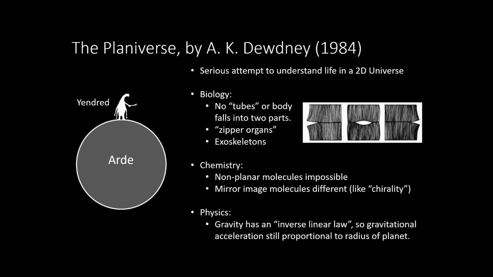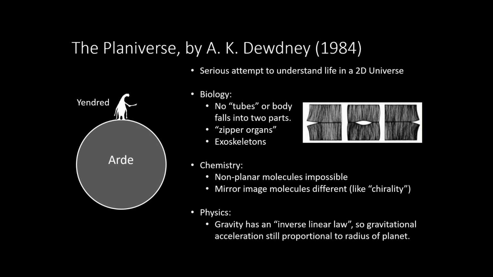Well, remember earlier we had mentioned that, if you have a planet of a constant density and you scale it up or down in radius, the gravitational pull on the surface of that planet is proportional to the radius. So in a two-dimensional world, if we kept the inverse square law of gravity, that wouldn't be true anymore, because the mass of the planet would be proportional to its area, which increases with the square of the radius.